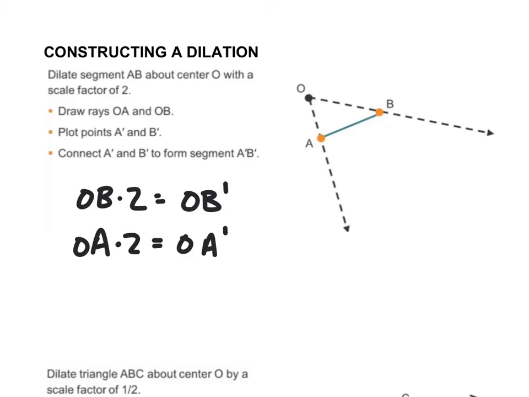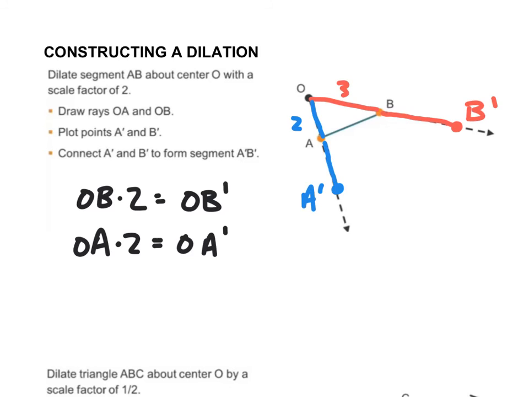So this length here, we can really call that whatever we want, but let's say that this is a length of 3, okay? Then I want to extend this out another length of 3 and plot my point B prime. Same thing down here. Let's say this is a length of 2, and I want to extend this out by another length of 2 to get the point A prime.